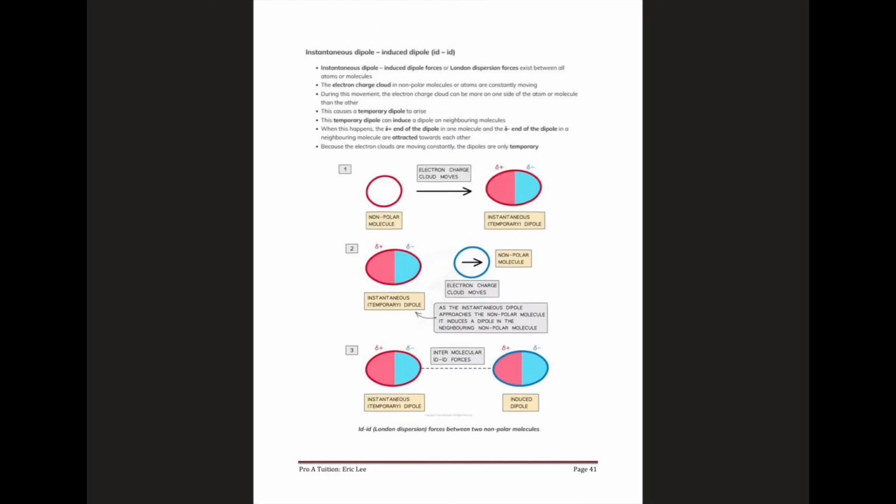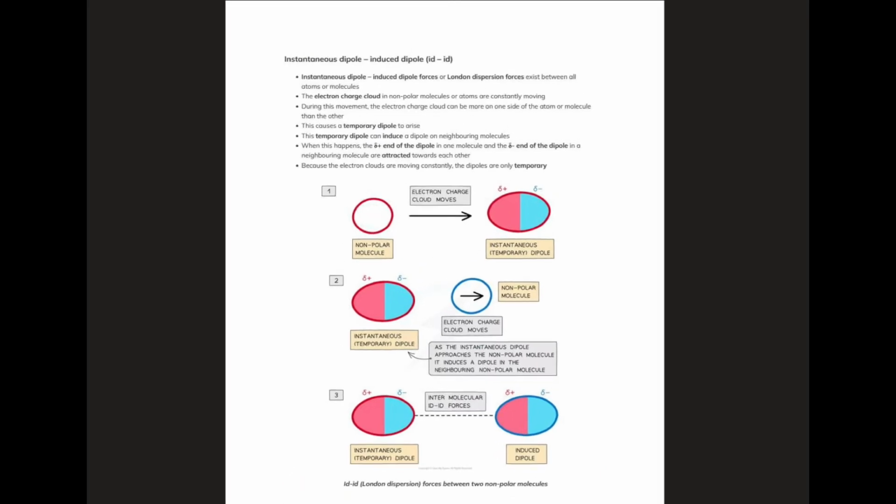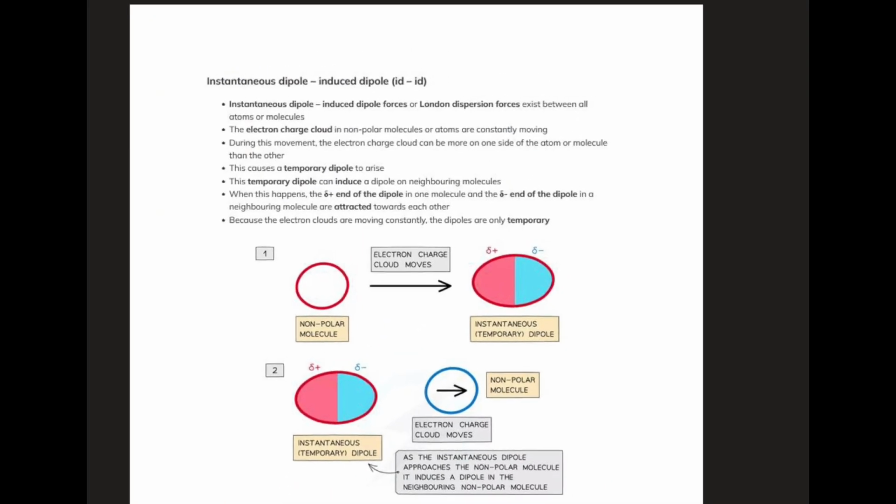First we understand instantaneous dipole induced dipole. Instantaneous dipole induced dipole forces, or London dispersion forces, exist between all atoms or molecules.